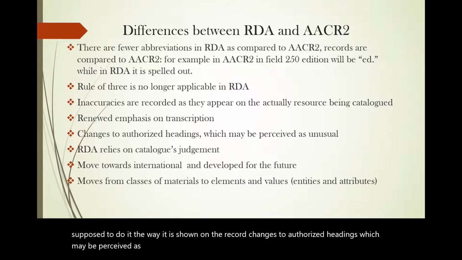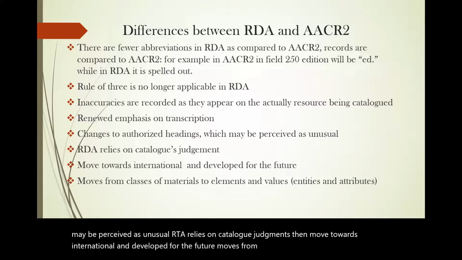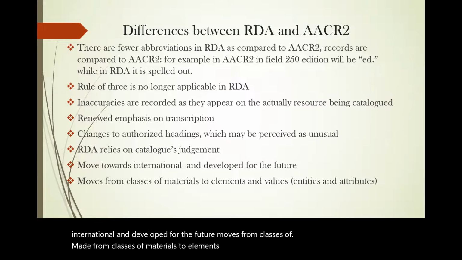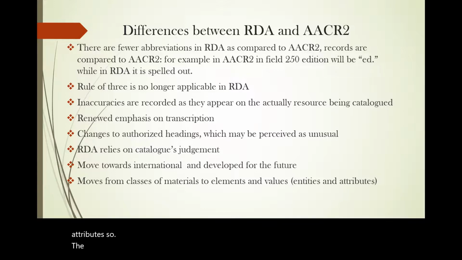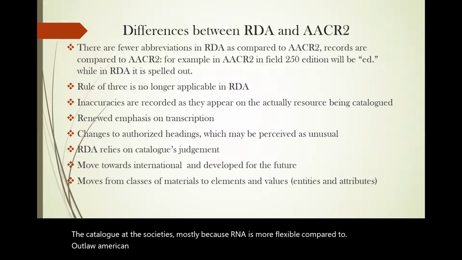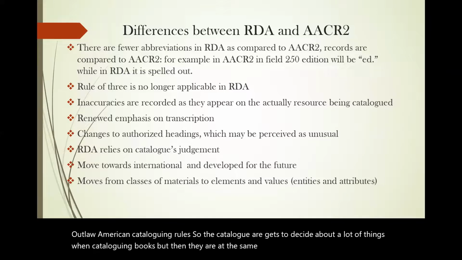RDA relies on cataloger's judgment, then moves towards international standards and is developed for the future. It moves from classes of materials to elements and values, which are entities and attributes. So the cataloger decides mostly because RDA is more flexible compared to Anglo-American cataloging rules. So the cataloger gets to decide about a lot of things when cataloging books, but at the same time is guided by the RDA toolkit.